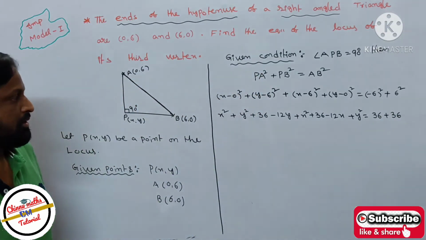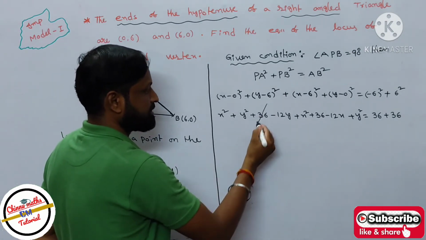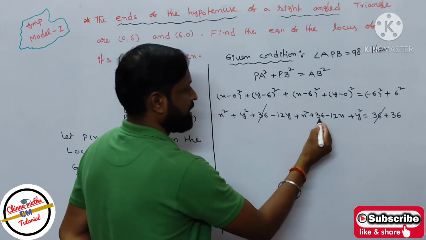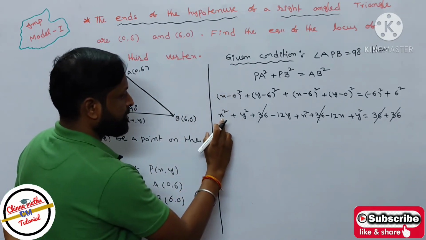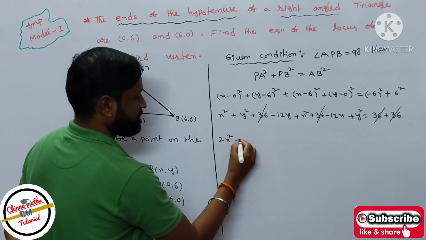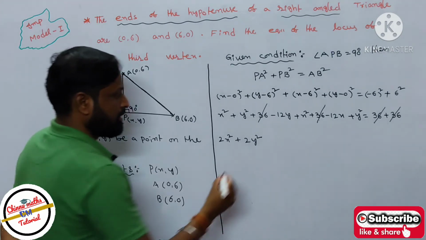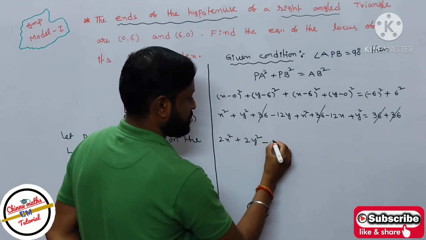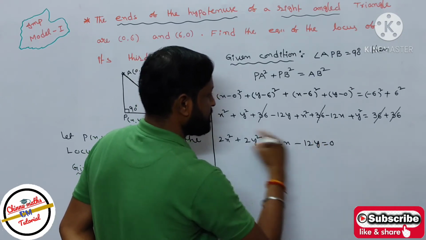We can observe that equal terms on both sides get cancelled, that is plus 36 and plus 36. Write the remaining terms: x square plus x square is 2x square, y square plus y square is 2y square, then minus 12x and minus 12y equals 0. There is no constant value.